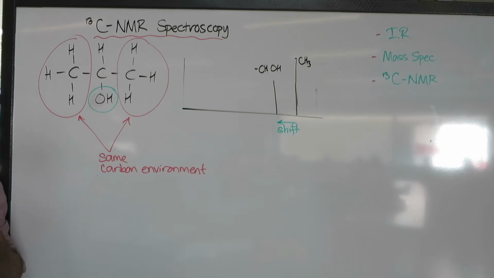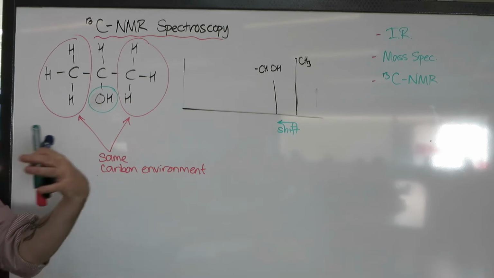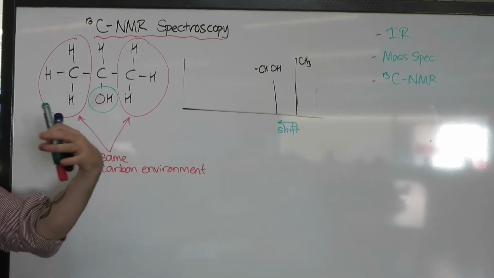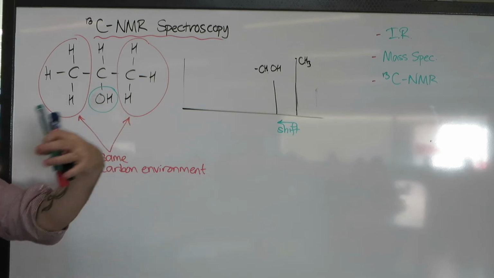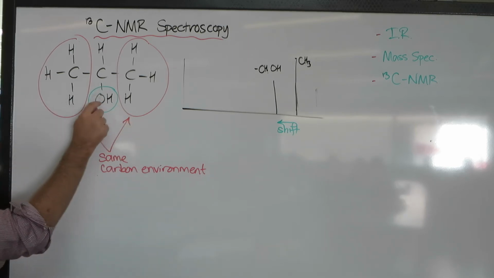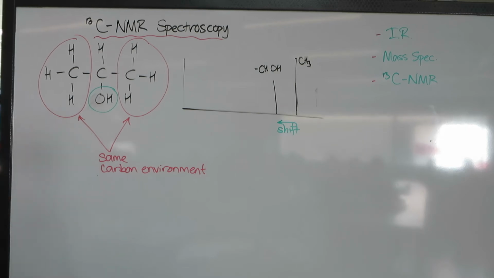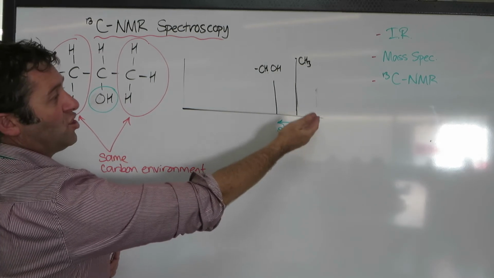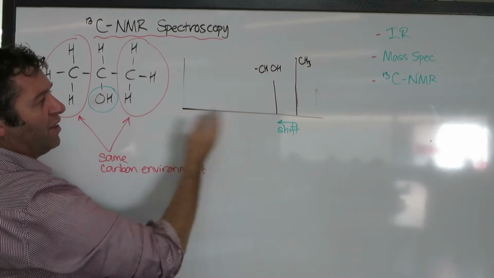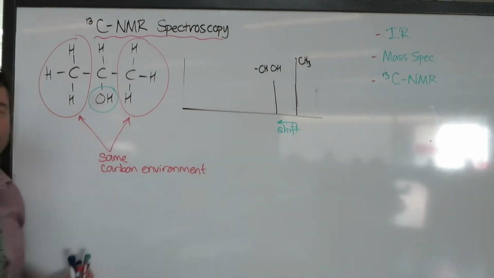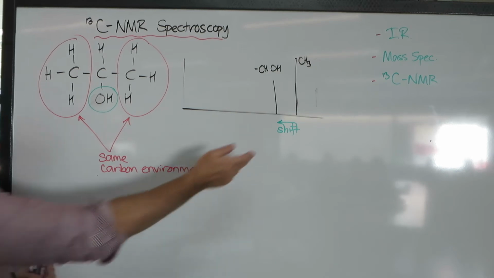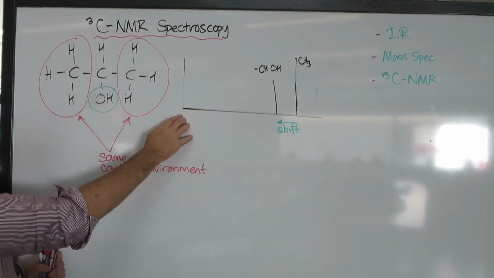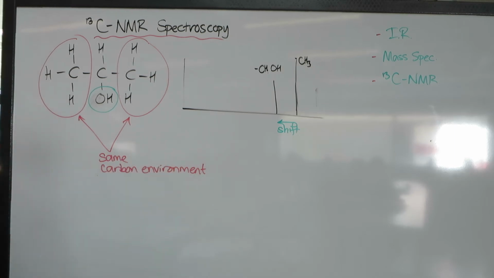And therefore it takes a different amount of radiation to have the same sort of resonance, like bouncing on a trampoline, the same sort of effect on that chemical bond, because it's been affected by this one. So it shifts what we see here. It shifts it back this way. These are actually large numbers, low numbers. It's a reverse scale. So 0 is actually here, and this is up in the 200s. So it shifts it this way. Don't ask me why they do it that way, and don't just do the graph the other way. I don't actually know the answer.